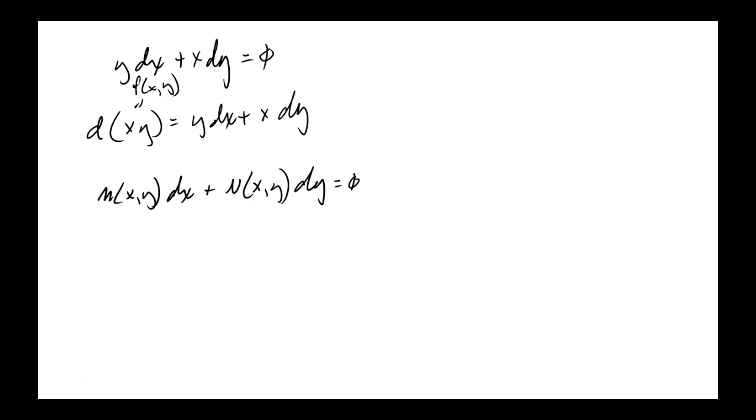If it's not, later on in the section, we're going to see if we can modify it some way to make it an exact differential. There's a lot of ifs there. We left a lot of wiggle room here.